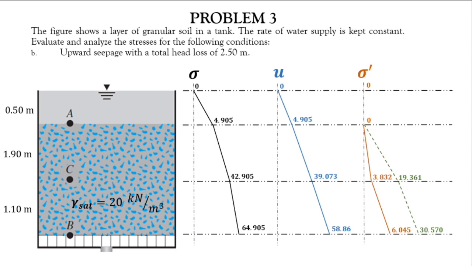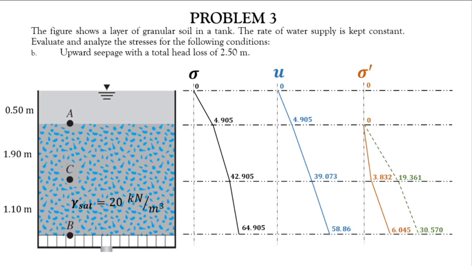Humina talaga yung lupa natin dito. Ganon din sa ilalim. Sa point B, na dati, nung walang flow, mataas ang effective stress, kaso nung nagkaroon na ng upward flow, bumaba na, naging 6.045. Napakalaki ng difference. Alright. So, yun yung effect. Nakita natin yung effect ng upward seepage doon sa effective stress ng lupa.